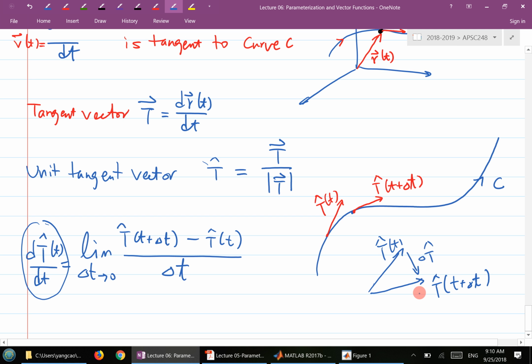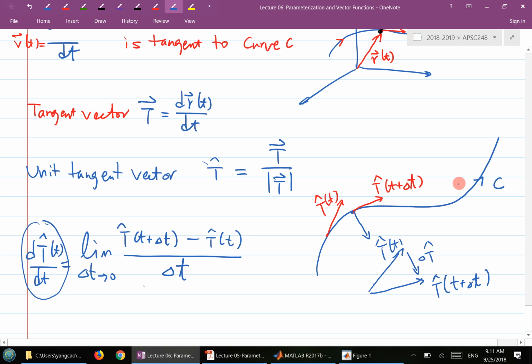Now that direction, if you think about it as delta t goes to 0, is a direction pointing to where the curve is turning. Can you see that? If your delta t becomes really small, a very small duration, then that delta T hat, or this dT hat over dt, will be a direction pointing to where the curve is turning.